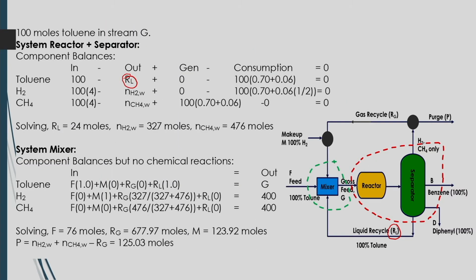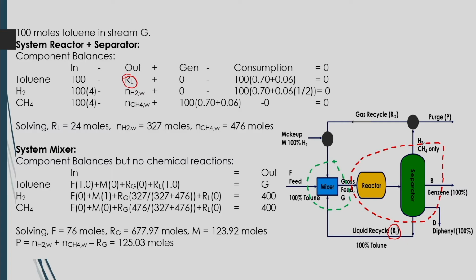So, what will be the consumption of toluene? Since this toluene is going to the reactor, the one pass conversion is given as 70%. So, here 100 into 0.7, this much amount of toluene consumption will be there.